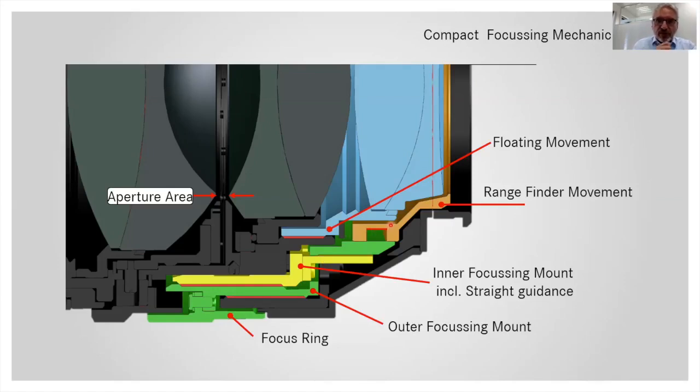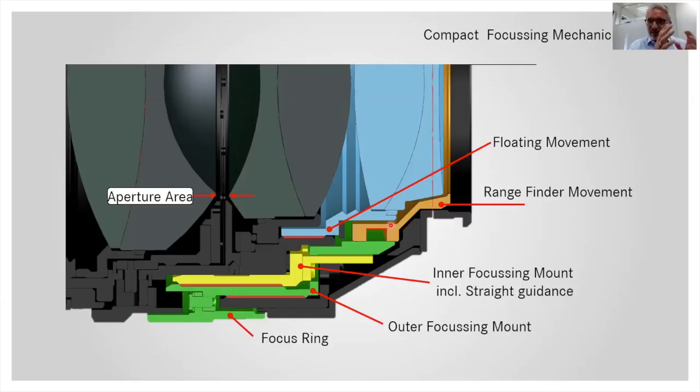Not only machining, but also our employees in the optical shop or in the mechanical shop need to grind this focusing mount manually. The final precision is done there. So it's always soft, but no backlash.